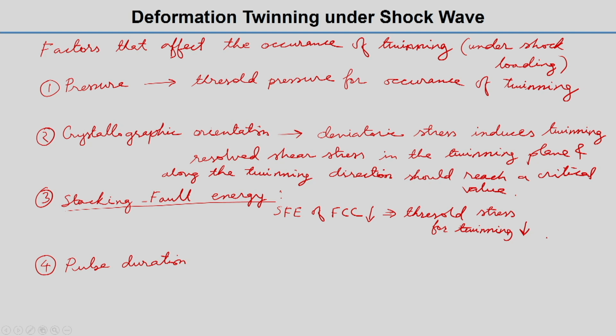So if it is a face centered cubic material with lower stacking fault energy, the threshold stress will be less, and that means more tendency to form deformation twinning. Sometimes alloying elements help to decrease the stacking fault energy.